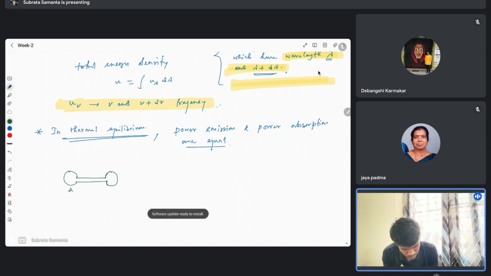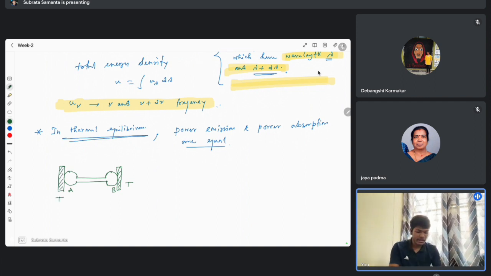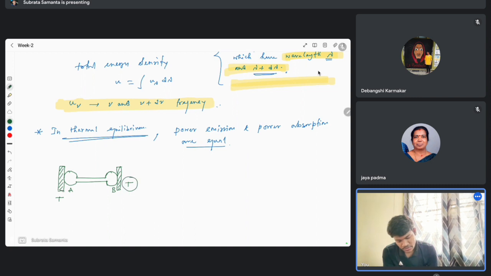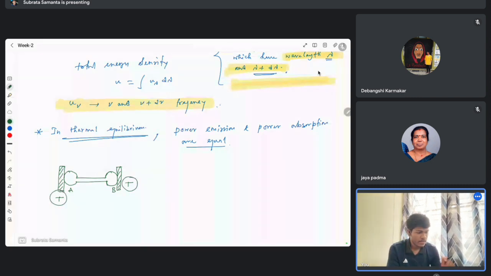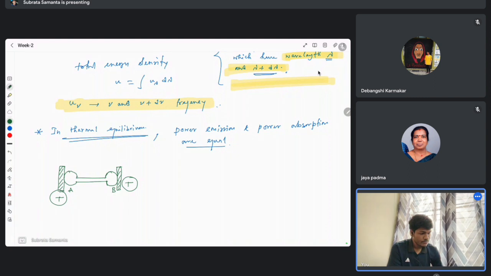Let's say this is container A and this is container B. Container A is connected with a reservoir at temperature T. This container is also connected with a reservoir at temperature T. And both containers are connected through a tube. Now, these two reservoirs are at the same temperature, so they are in thermal equilibrium.